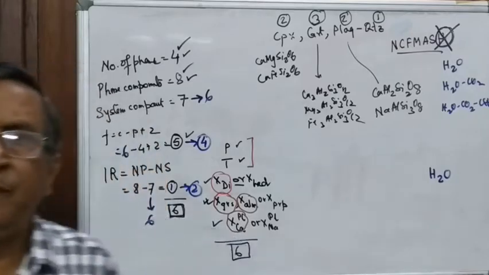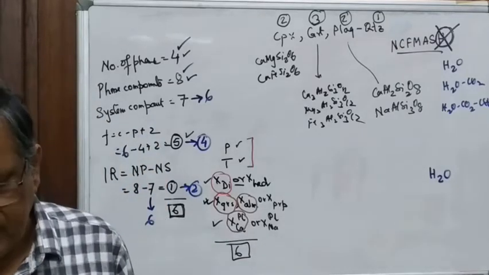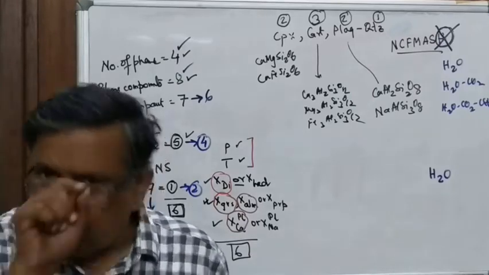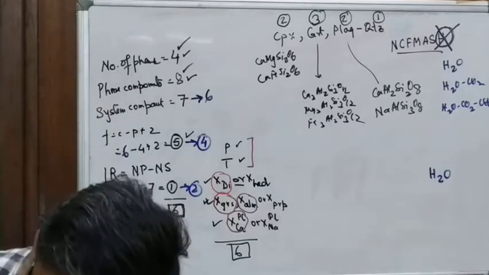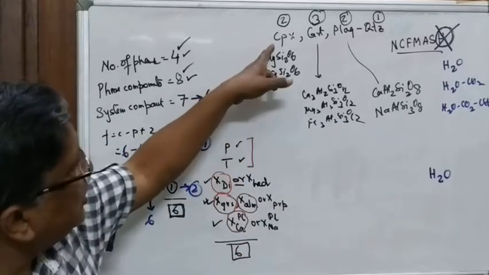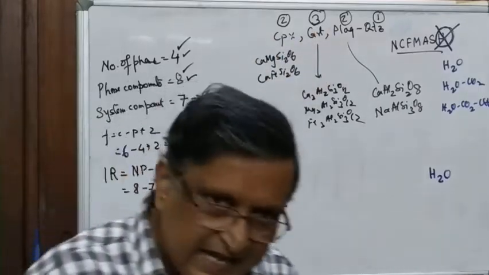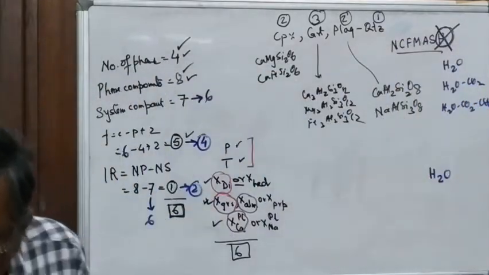Or, for example, at very high pressure in the mantle, H2O occurs as structural water within pyroxenes, garnets, etc., introduced due to substitution.